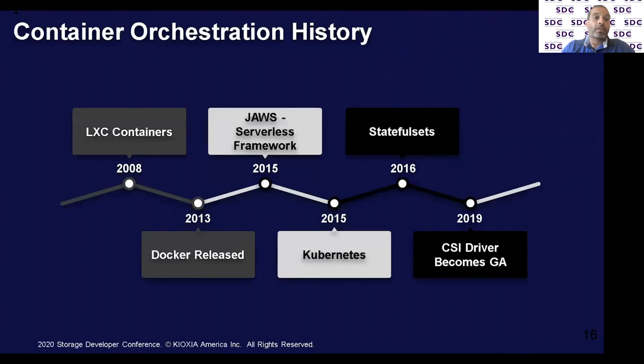So let's look at container orchestration history or container history. In 2008, Linux came up with LXC containers. So containers are basically nothing.